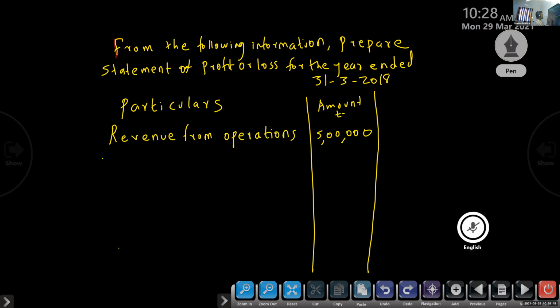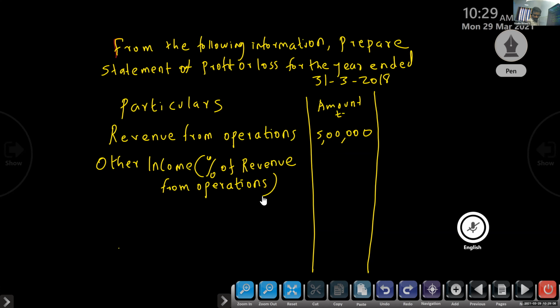And the other income, they have given as a percentage of revenue from operations. Percentage is 20%.